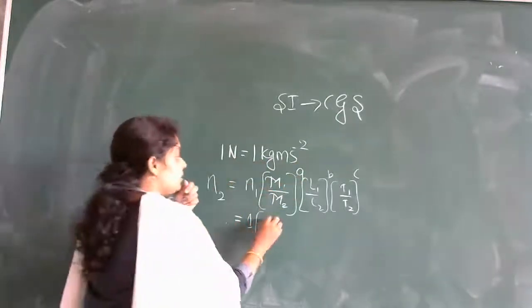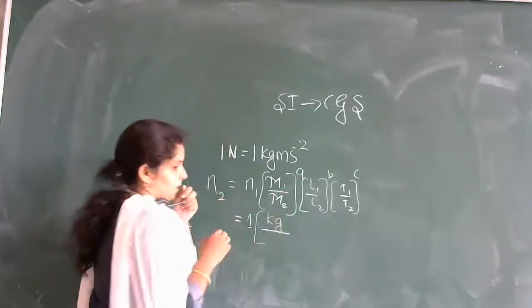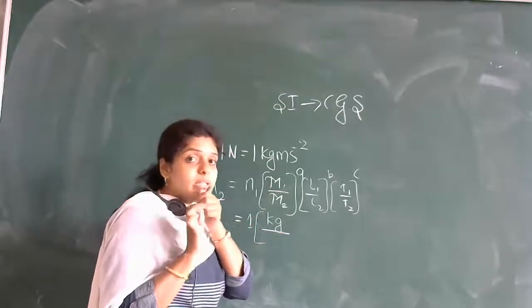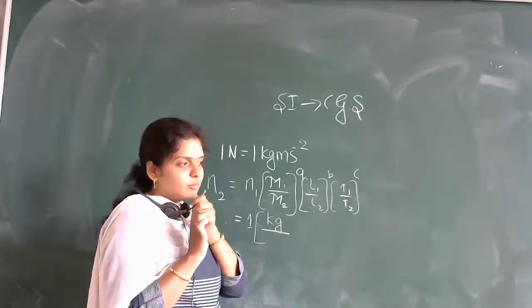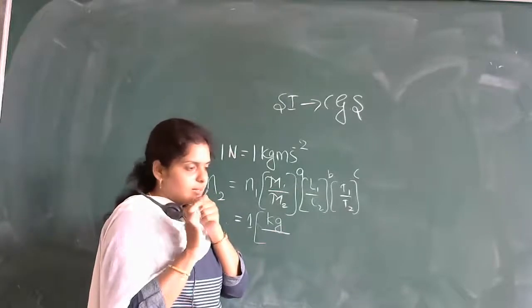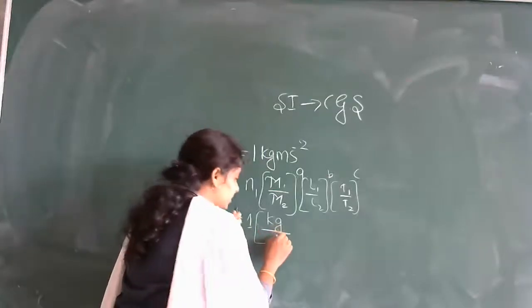So in the numerator the mass unit is kg, divided by M2, the unit of mass in the CGS system. What is the unit of mass in the CGS system? Gram, right? So here it is grams.